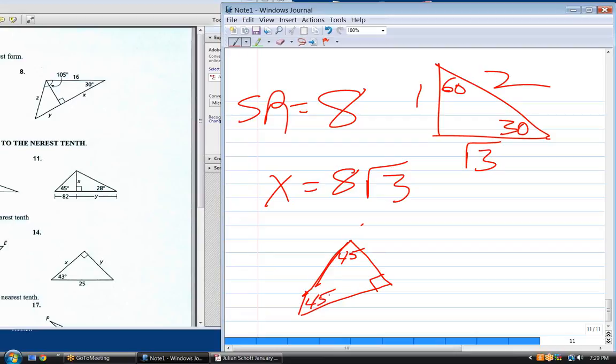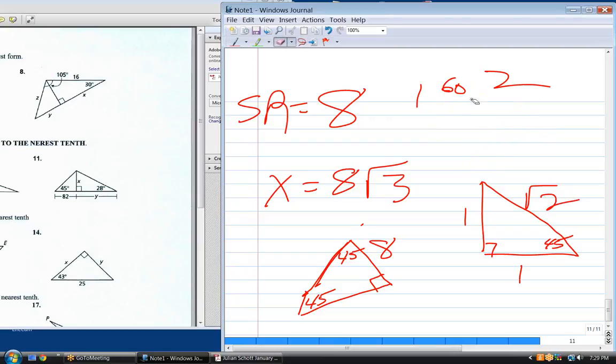That's our other special triangle. And what do we know about this? We know that the side opposite the 30-degree angle was 8. So now the triangle we want to reference is our 45-45 right triangle, which is 1, 1, root 2.